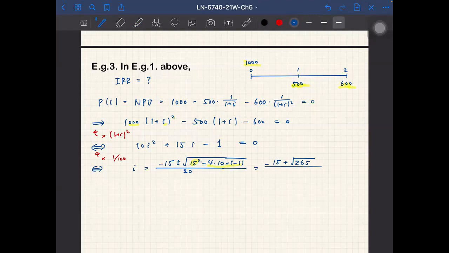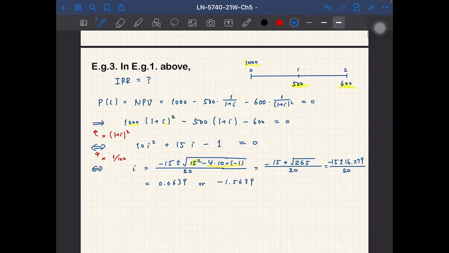The square root is 16.279. So this becomes 0.0639 and negative 1.5639.